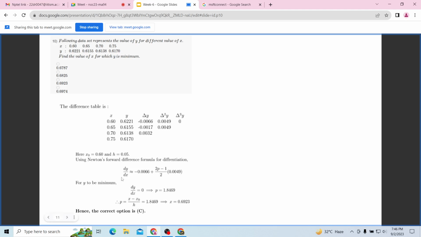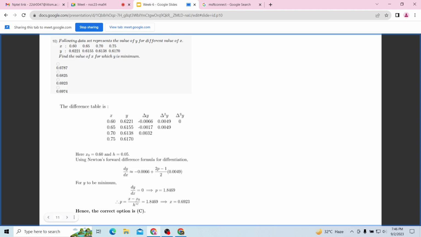Now we have to calculate the point x at which y is minimum. For that, first let's find the optimum point, that is dy by dx equals 0. When you solve this, it will give you p equal to 1.8469. Now what we actually have to calculate is the value of x, but p is x minus x naught by h.